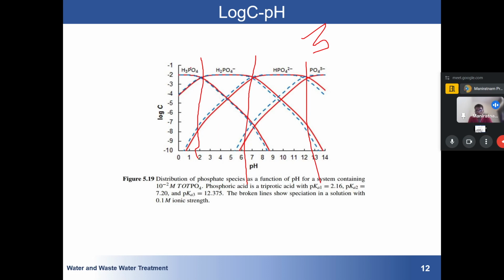So you have a total of four ranges. In the first range H3PO4 will be dominant, then H2PO4 minus will be dominant, then HPO4 2 minus will be dominant, and finally PO4 3 minus will be dominant. Okay, I hope this is very clear to you.